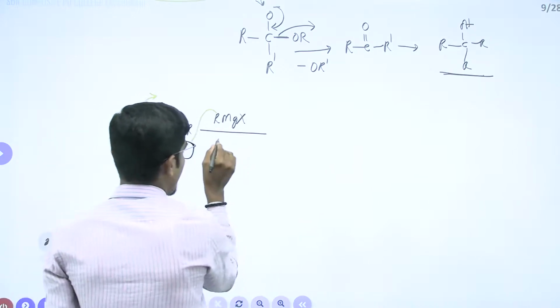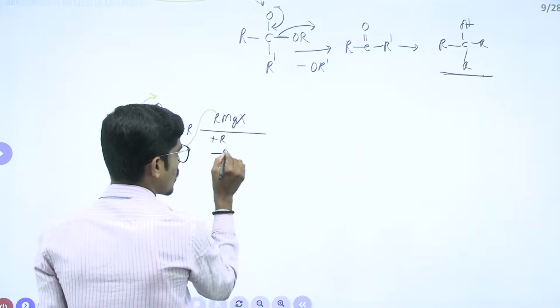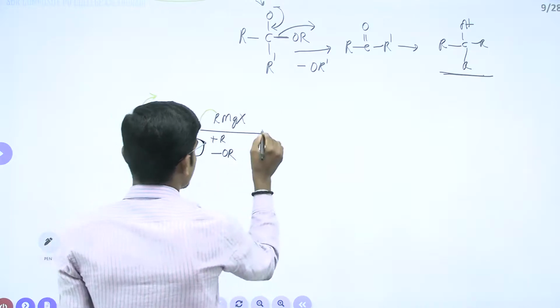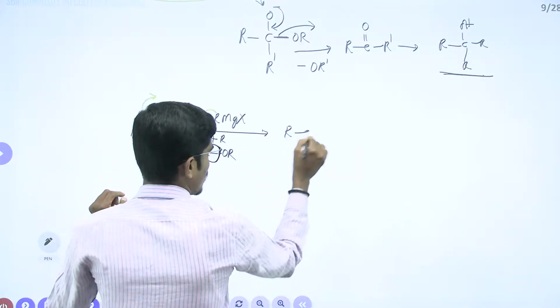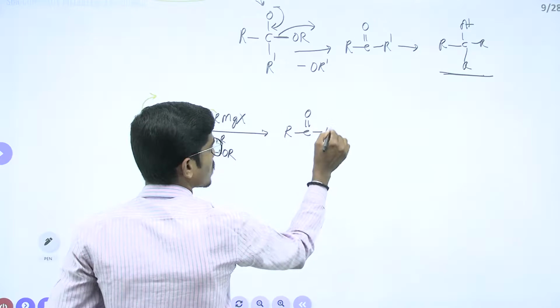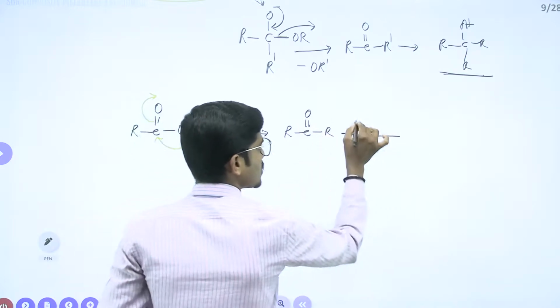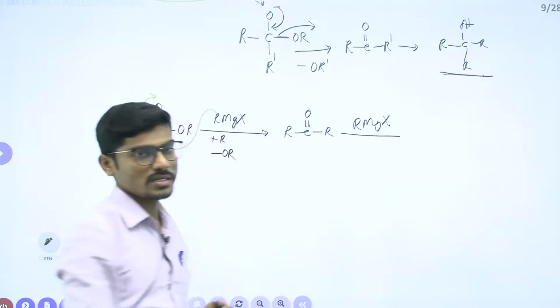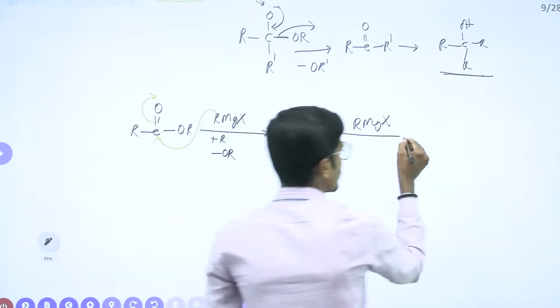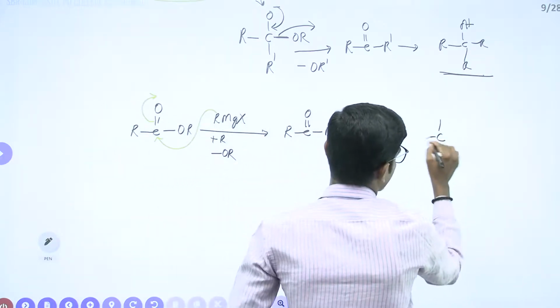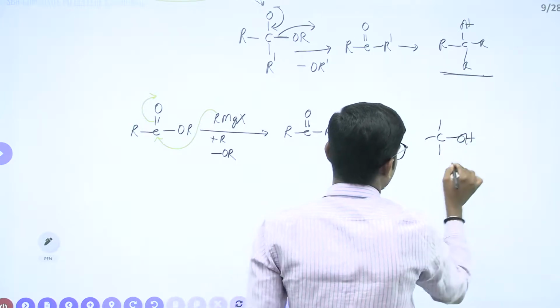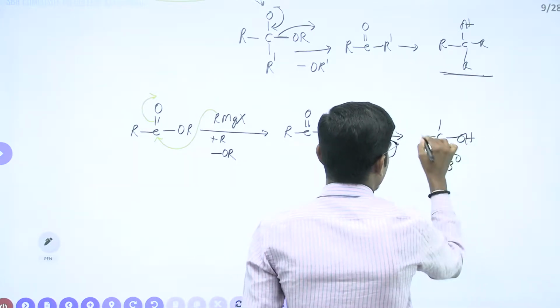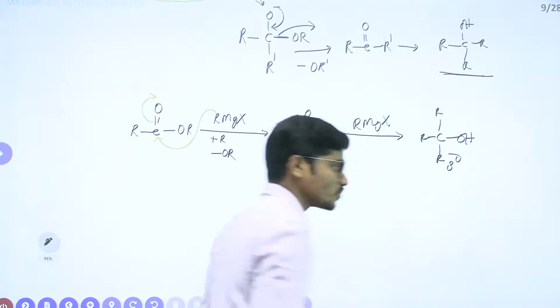So the R group is added and the OR group is eliminated. This gives rise to RCOR, a ketone. And in the presence of RMgX, the ketone and Grignard reagent, as we already know, give the product tertiary alcohol. So tertiary alcohols are produced in this case.